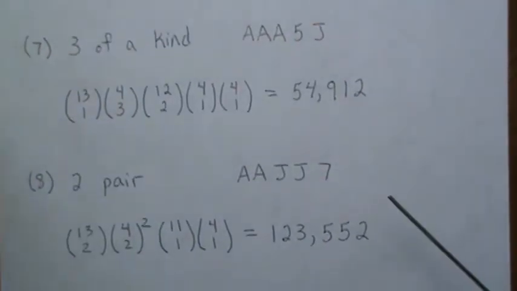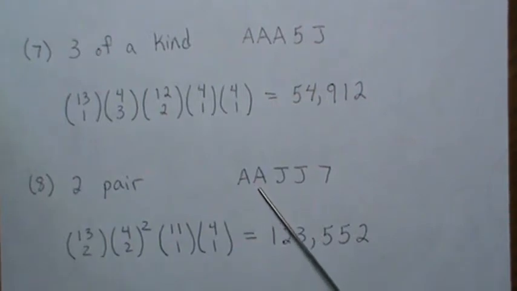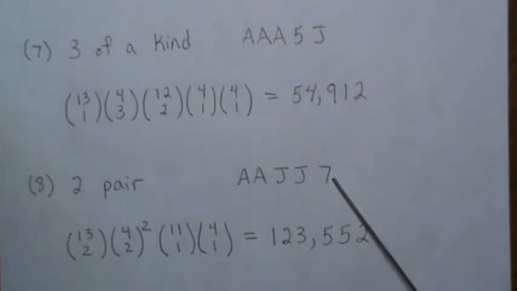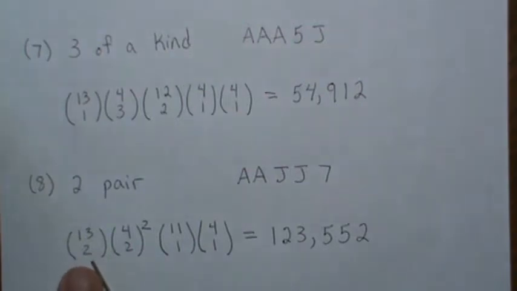Now, 2 pair, self-explanatory. We have 2 of the same number, 2 of the same number, and 1 of a different number. And of course, this pair and this pair have to be different. So what we do is randomly pick 2 columns of the 13, but in the first column we only want 2 of the 4.